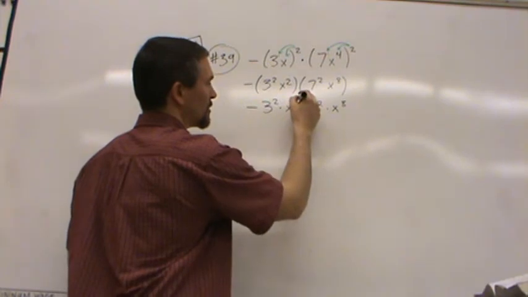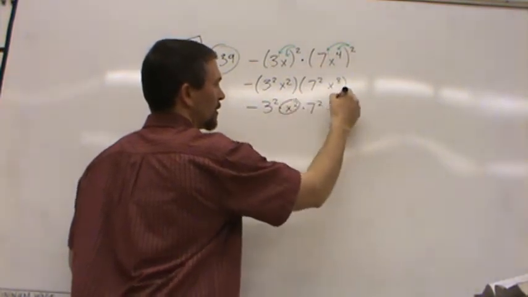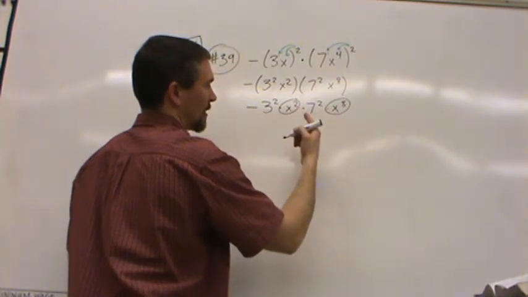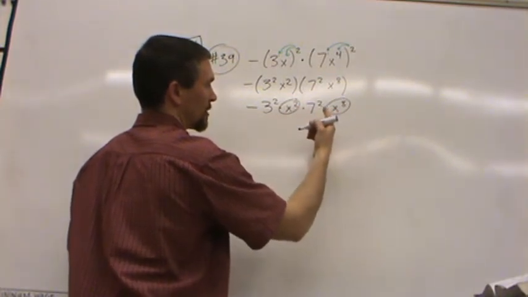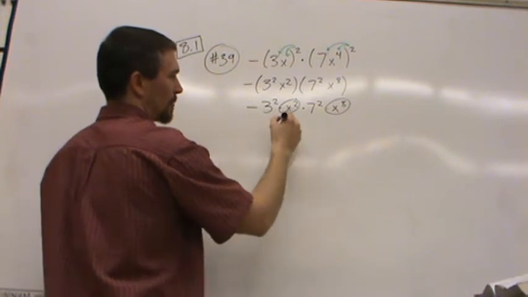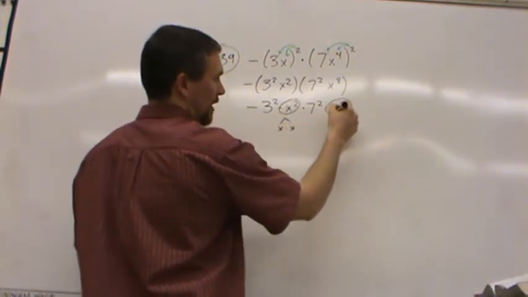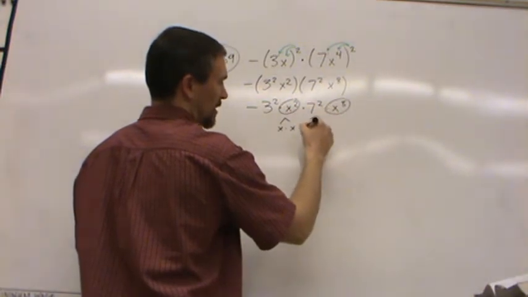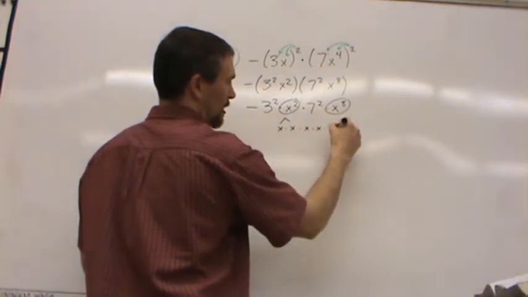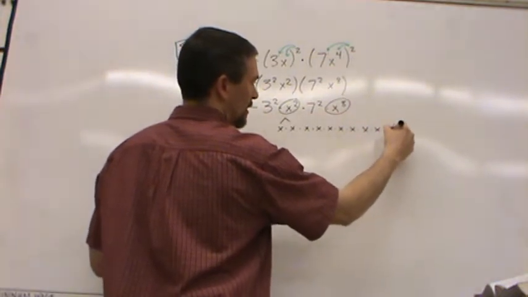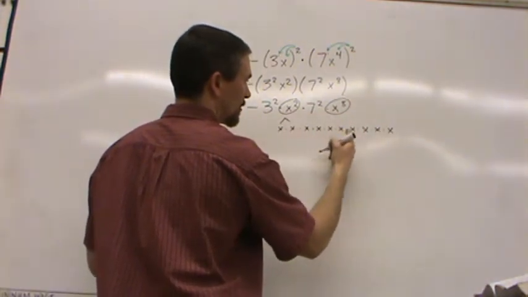And when we put these two together in this way, we actually add the exponents. In a simpler problem, I probably would show that x squared is really x times x, and x to the 8th is x times x, eight of them.